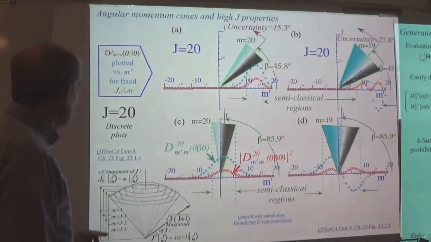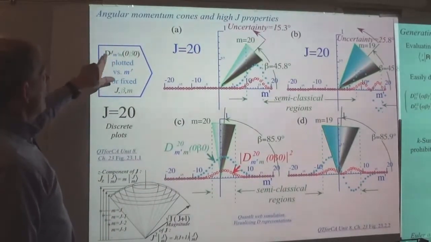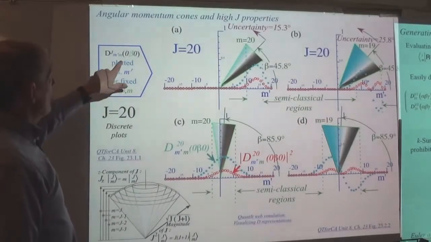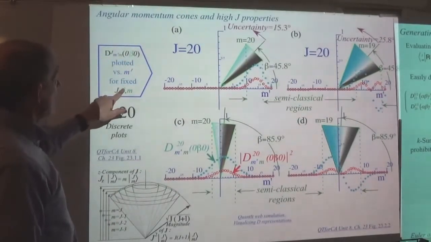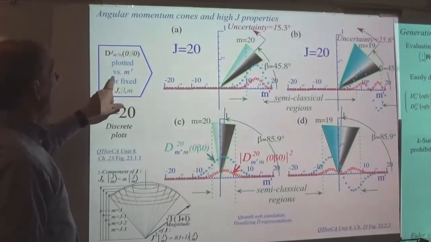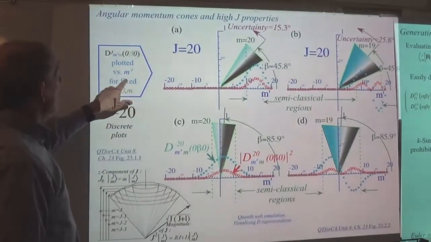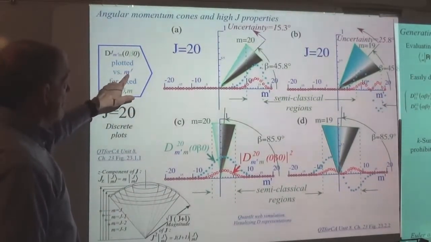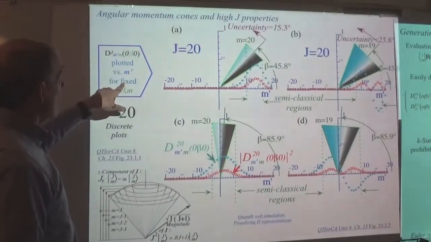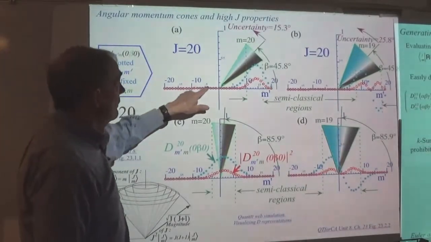So this plot right here is the plot for a fixed beta, fixed J, of course, and fixed M versus M prime. Okay, final state M prime. That's all of these.